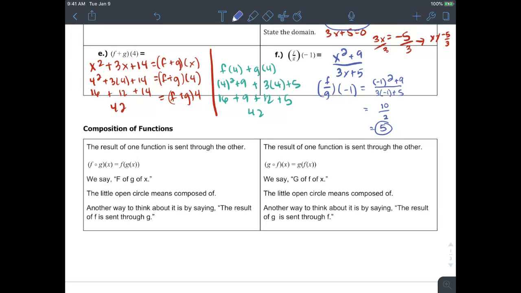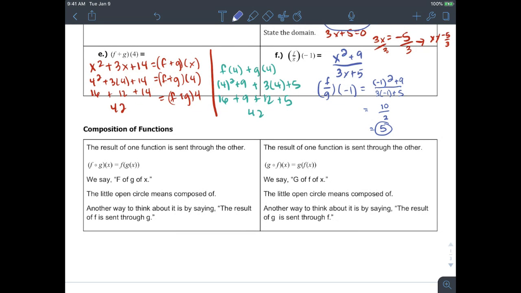All right, the next thing that we're doing is composition of functions. So this is when the result of one function is sent through the other function. The result of one function is the input for the next function. So it's written like this, and the little dot in the middle of the function is an operator, and it means composed of, and we say it f of g of x.